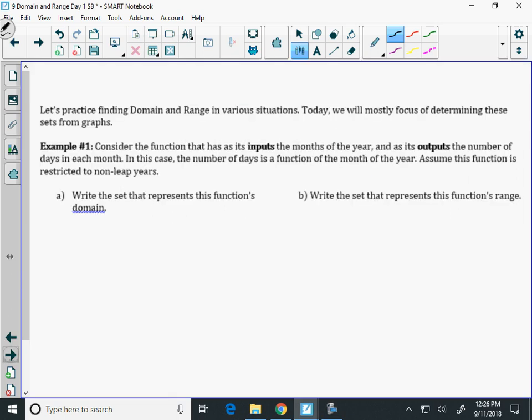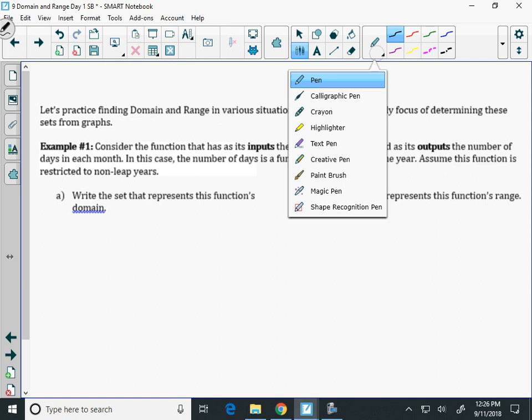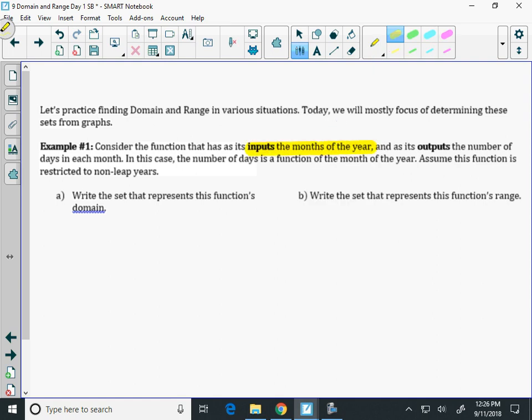So let's start with a non-math example. No math involved. Example 1. Consider the function where its inputs are the months of the year, and the outputs are the number of days in every month. So we're going to first write a set for the function's domain. The domain is the inputs, right? So our inputs here are the months of the year. Well, what months are in the year?